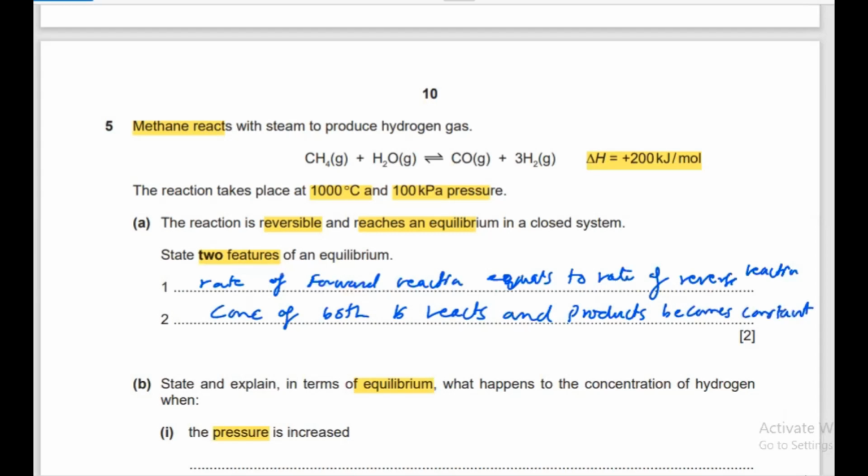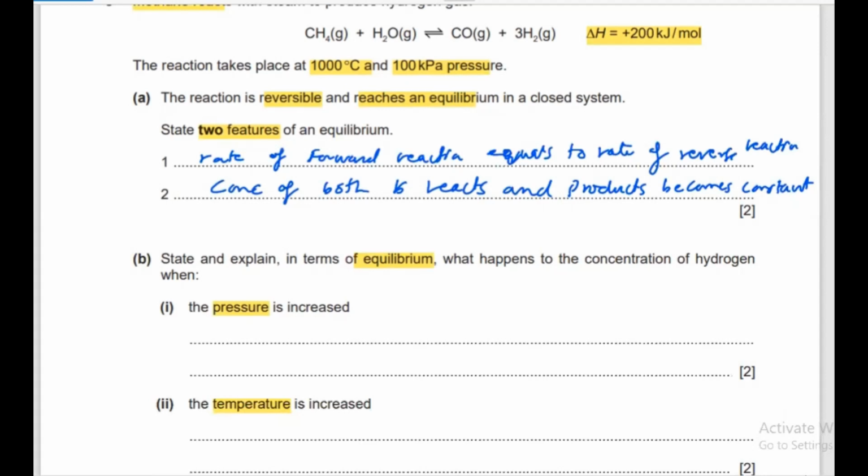There is no change in the concentration of reactants and products at equilibrium.